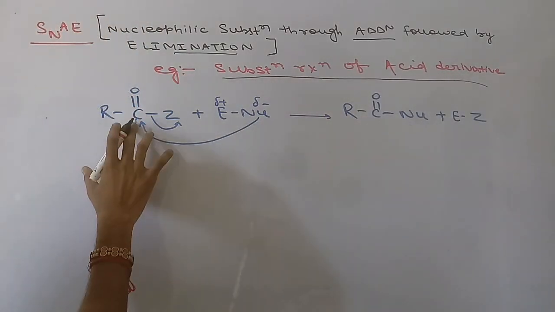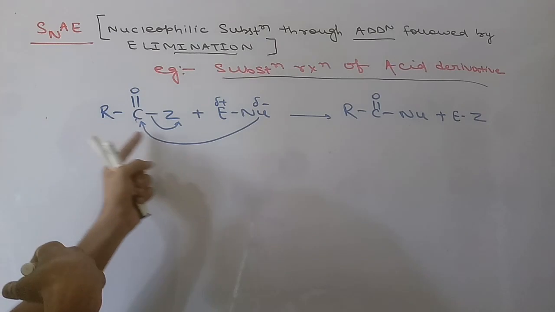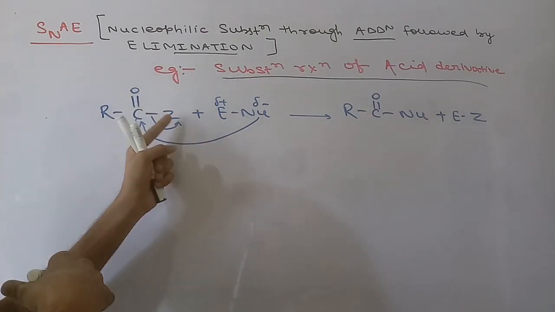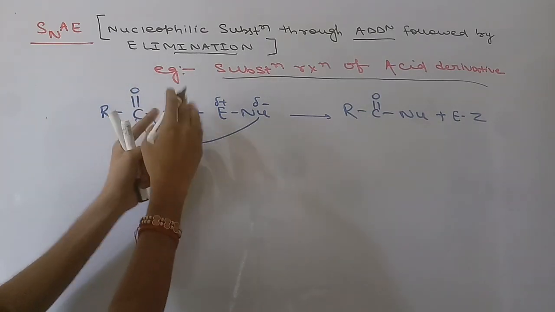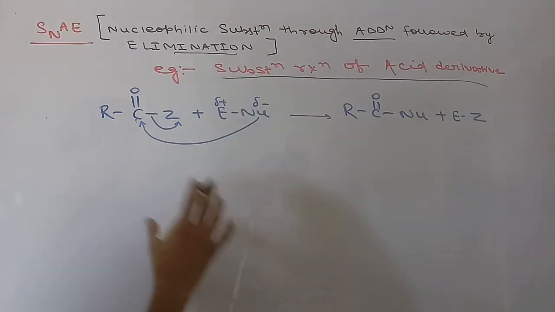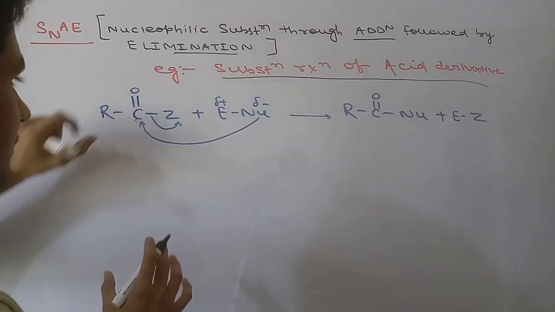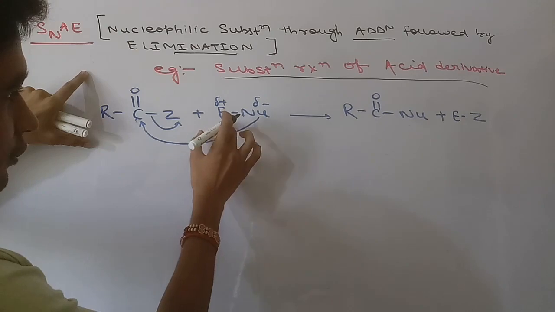See, this is your compound, an acid derivative, any acid derivative, where Z may be any group, we will discuss in detail. Now starting with this is your reagent, electrophile, nucleophile.